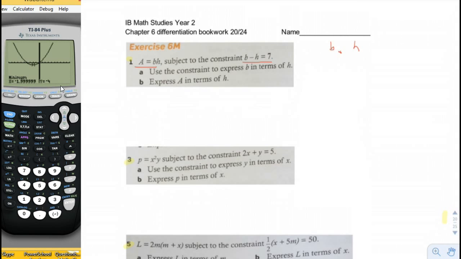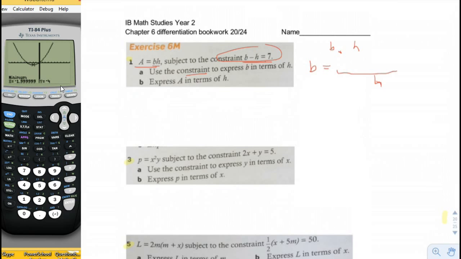In this case, we don't actually know what's going on, but it looks like an area equation, and then the difference between the two sides of the rectangle is 7. So use the constraint, and this is the constraint here, to express b in terms of h. So b in terms of h means you're going to have b equals something with h in it.